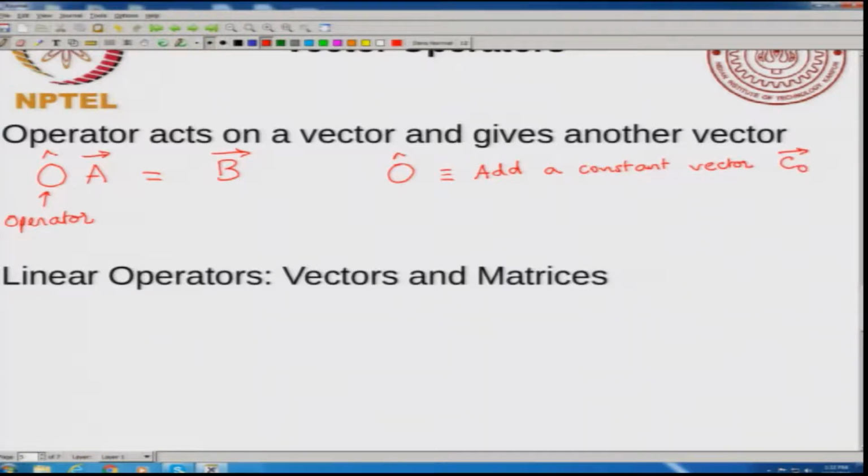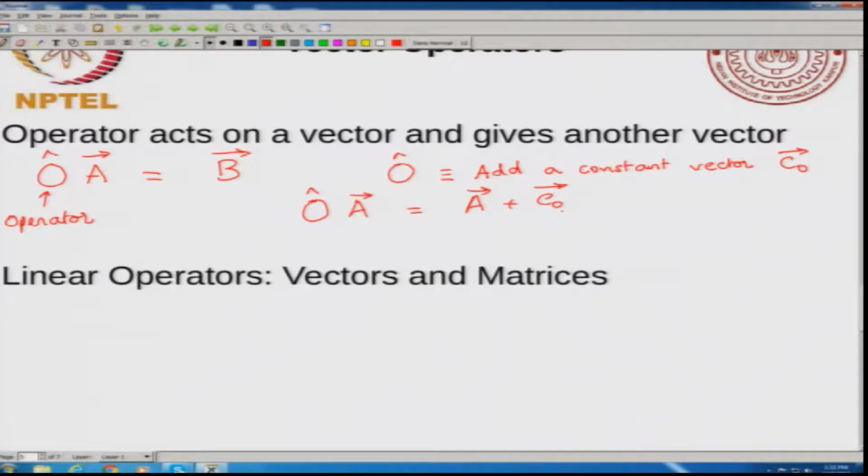So what does it do? Suppose I take the operator acting on A. The operator adds a constant vector C0, so I get A plus C0. Now A plus C0 is also a vector in the same vector space. So that is how this operator works.